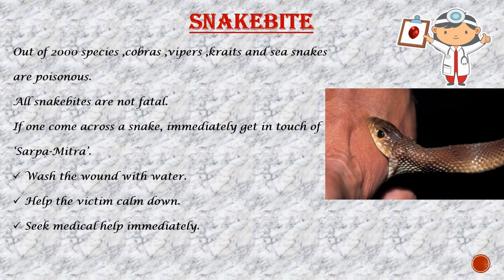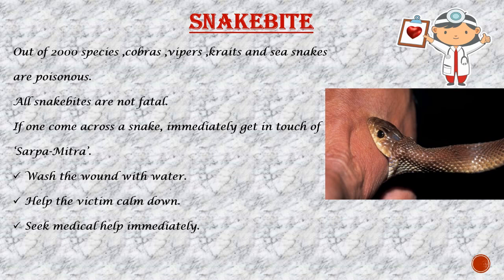Now let us study about snake bite. Students, out of the 2000 species of snake, only cobras, vipers, kraits, and sea snakes are poisonous. That means from the above information, we can conclude that all snake bites are not fatal. Now, what do you mean by fatal?